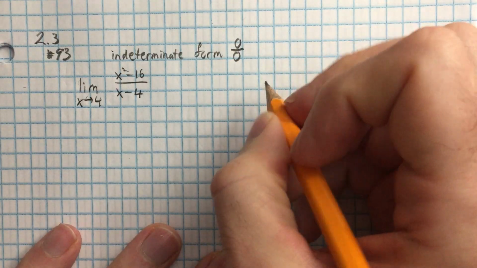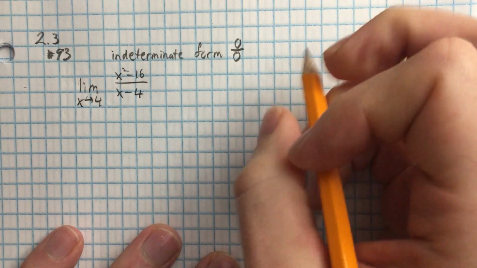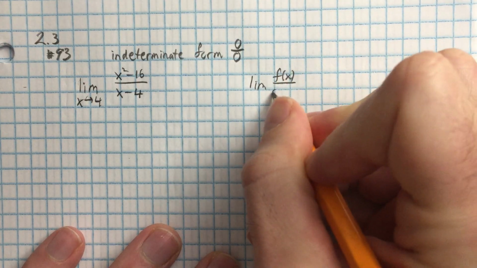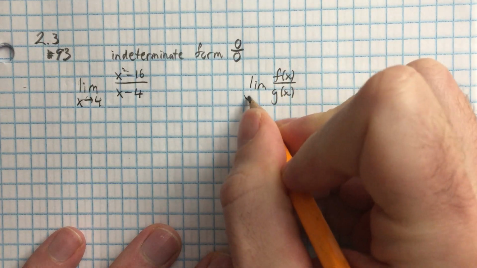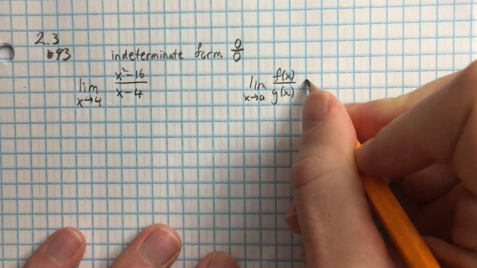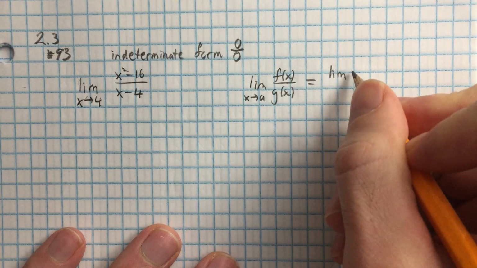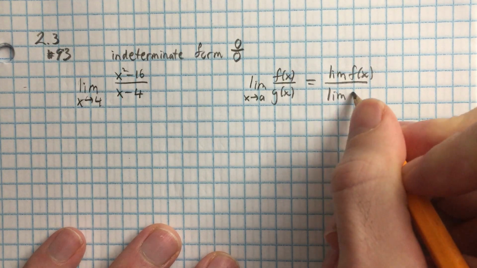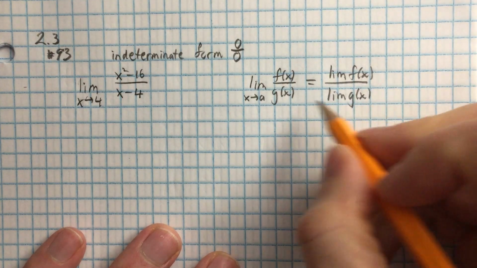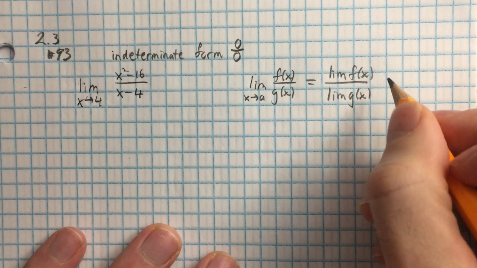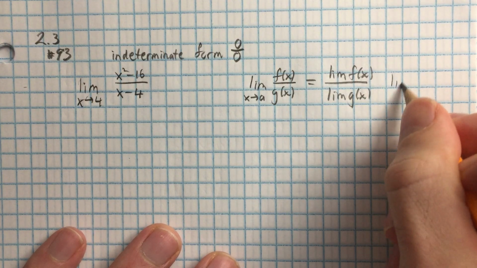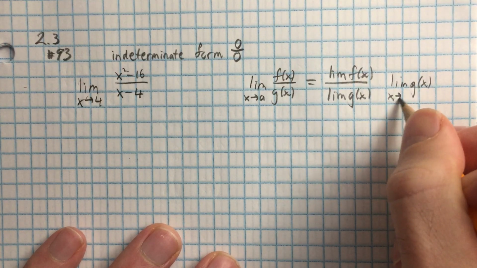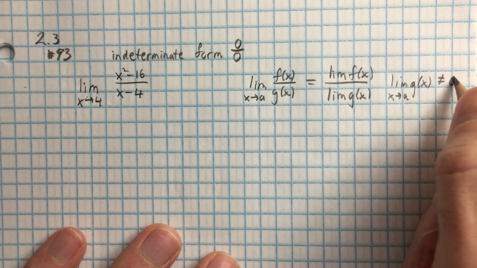All right, we said a moment ago that with the quotient law for limits, the limit of a quotient of two functions, as x approaches a, is equal to the quotient of the limits, leaving off the x approaching a for one moment, as long as the limit of g, the denominator function, as x approaches a, is not 0.